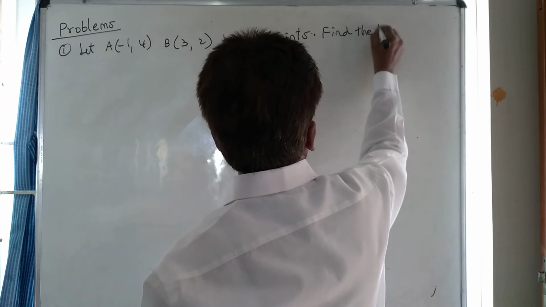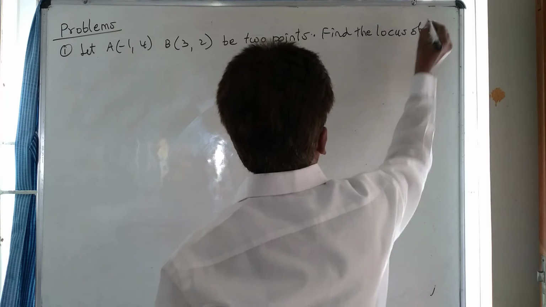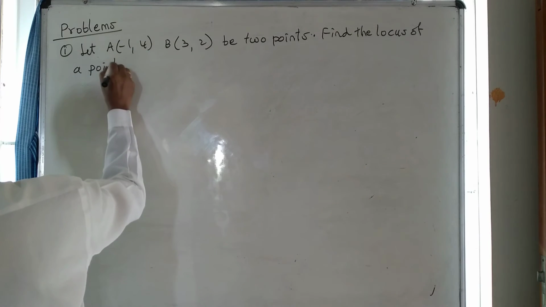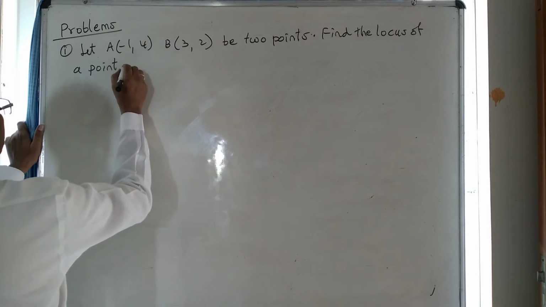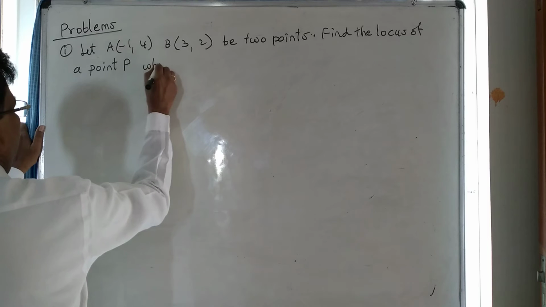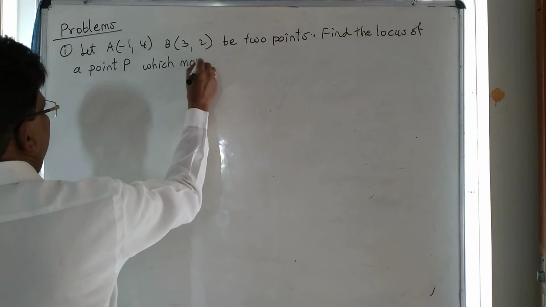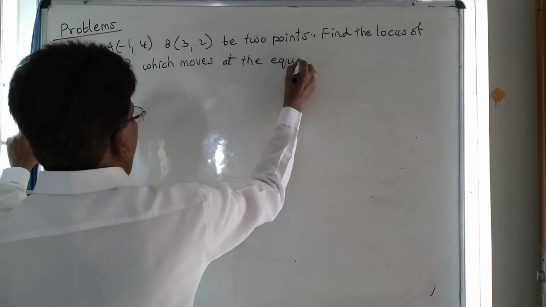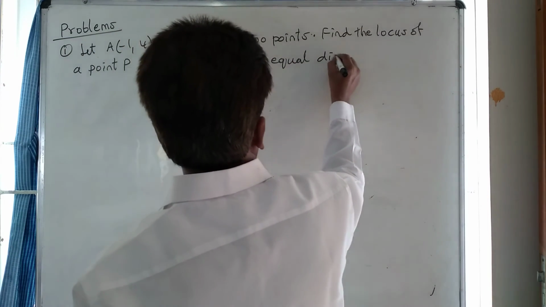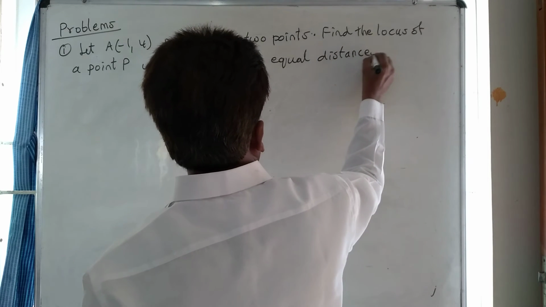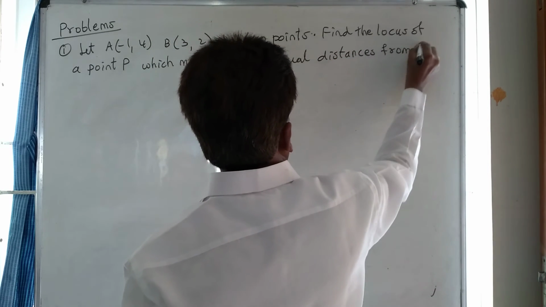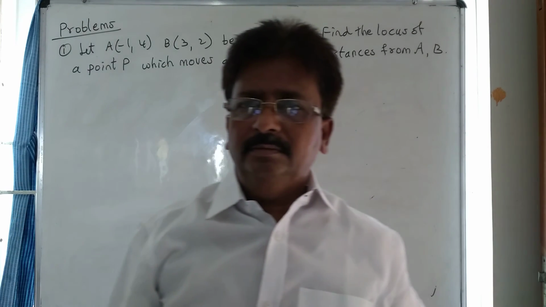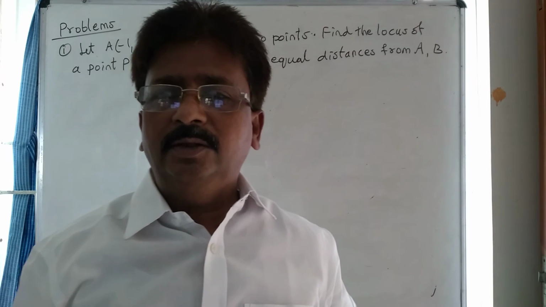Find the locus of a point which moves at equal distances from A, B. You can write the question.